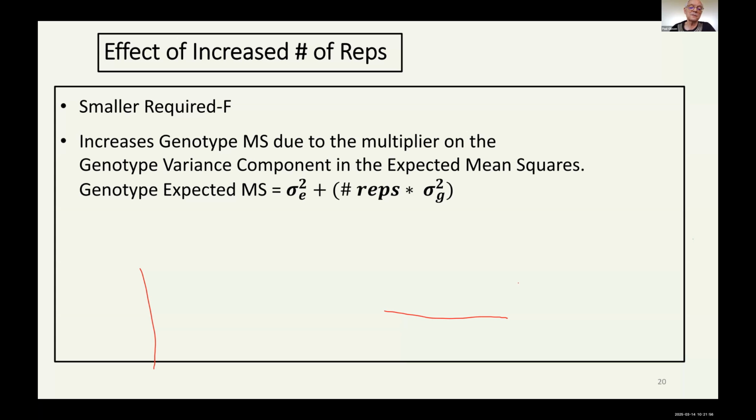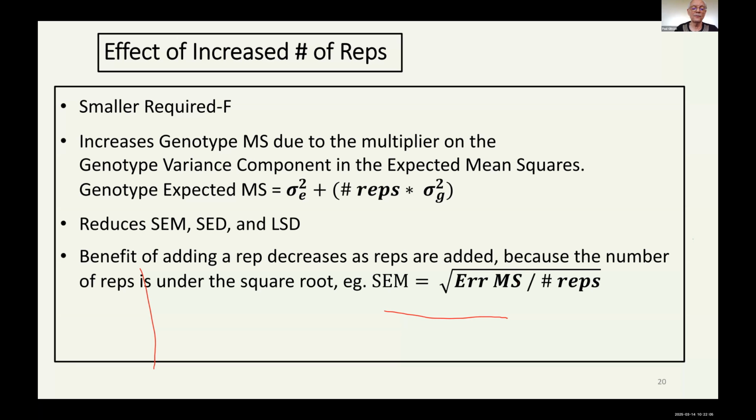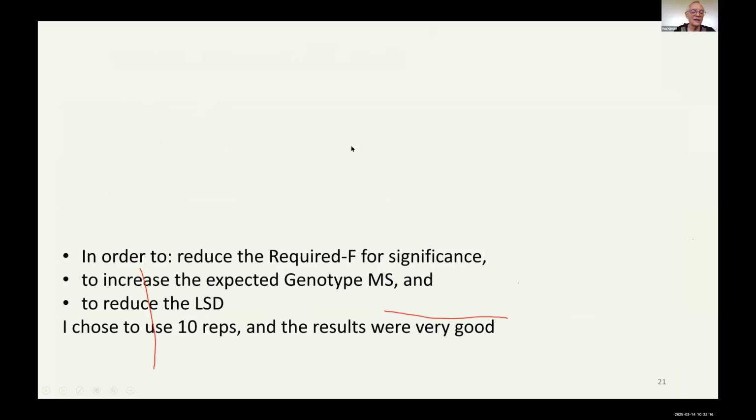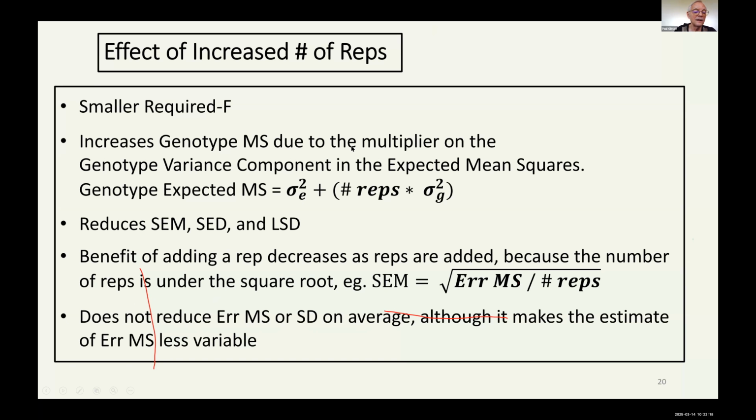It reduces standard error of the mean, standard error of the difference and LSD, although that benefit decreases as I explained on the previous slide. Also, contrary to much thinking, it does not reduce the error mean square and standard deviation on average, but it does make it more accurate, less variable.